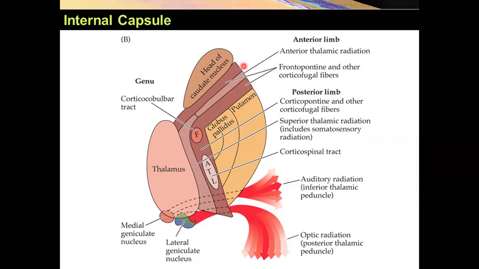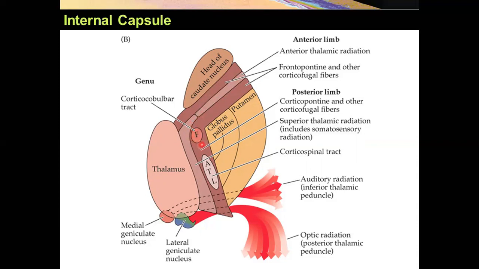And in this picture, we see the efferent or the descending pathways passing through the internal capsule. So the frontopontine and other cortical fibers run down through the anterior limb of the internal capsule.